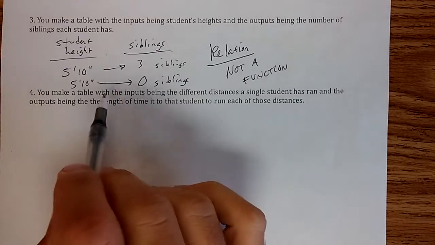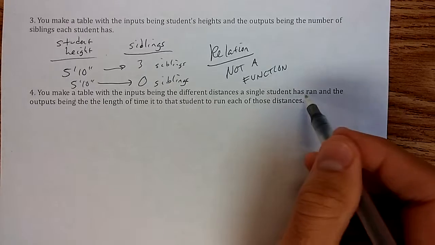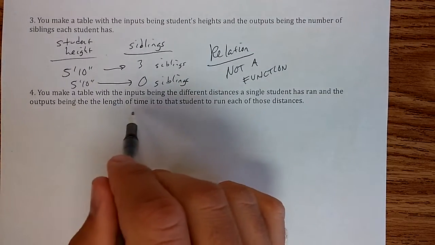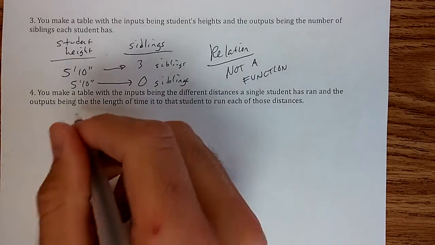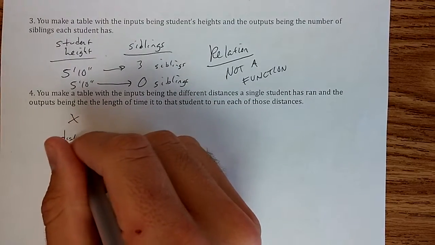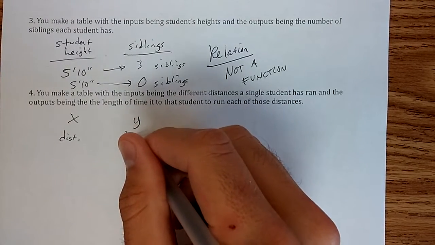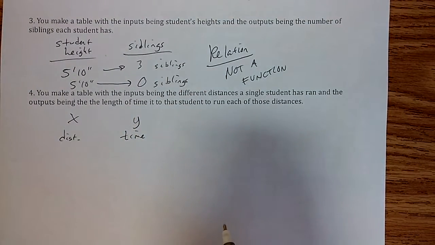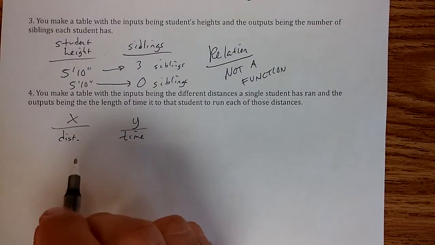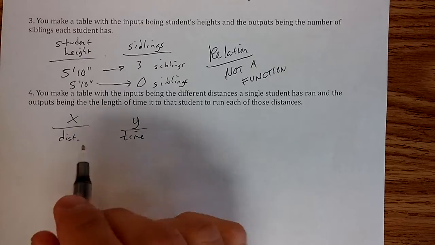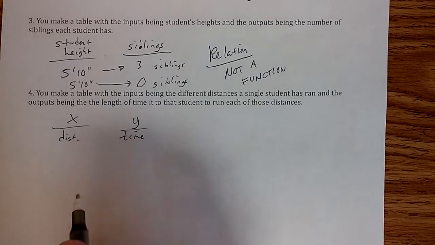Number 4, you make a table with the inputs being different distances a single student has run, and the outputs being the length of time it takes the student to run each of those distances. So my x value is the distance that the runner runs, and y is the time it takes. If the same student runs all these different distances, one would assume the student runs the same speed.